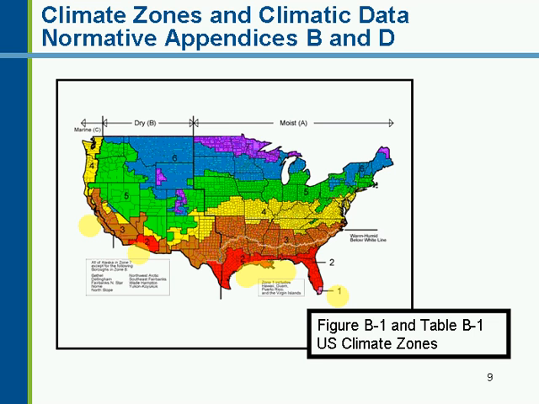Climate Zone 4 starts in the middle Atlantic around Washington, D.C., going west through Kentucky, dipping down into Arizona and New Mexico, but then going up into the northwest, the maritime marine coast there in Washington and Oregon.